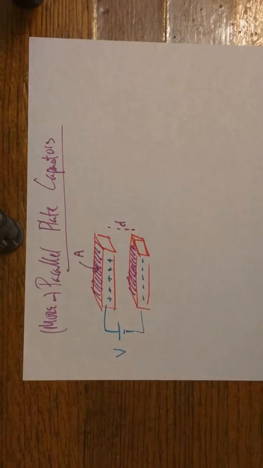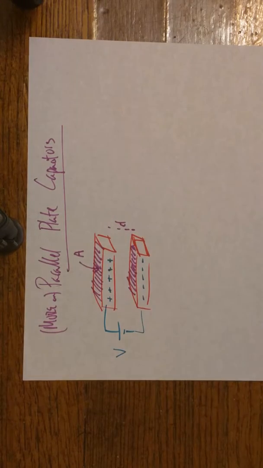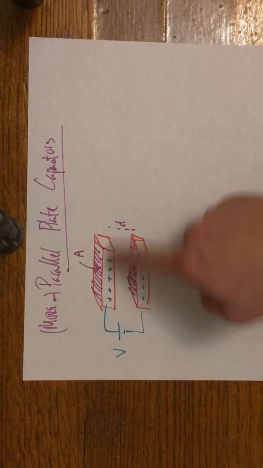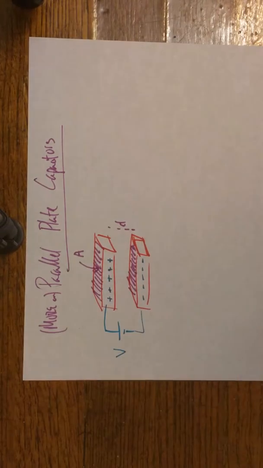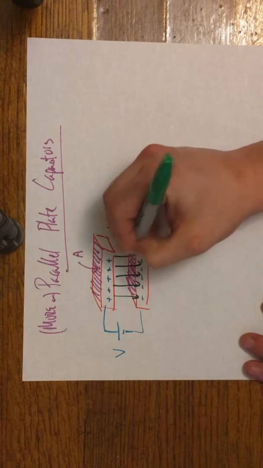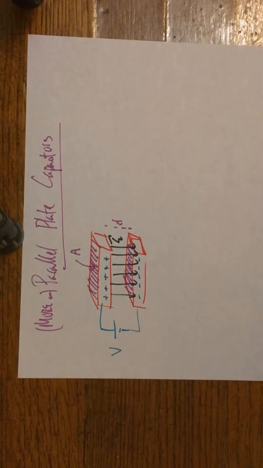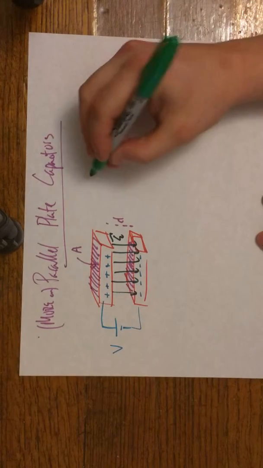Okay, what would happen if the parallel plate capacitor had a larger area? Well, that would mean that there would be more charges that could stick to these plates, and if we had more charges, then we have a larger E field. There's this E field that's going down. So if I increase A, then the capacitor can store more charge.